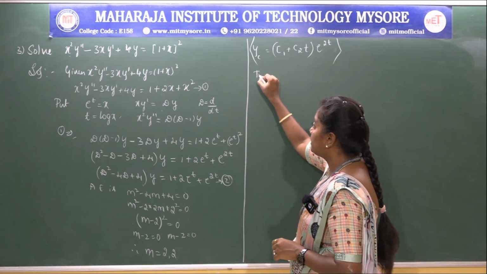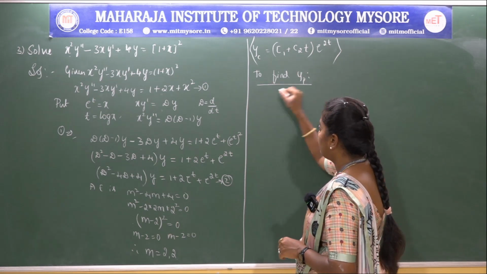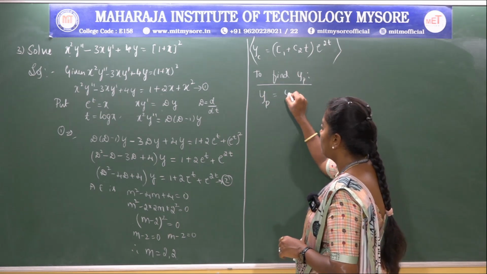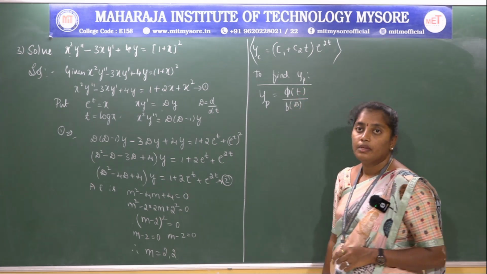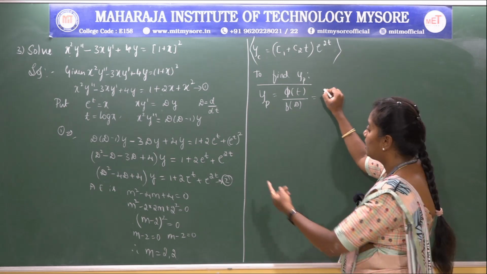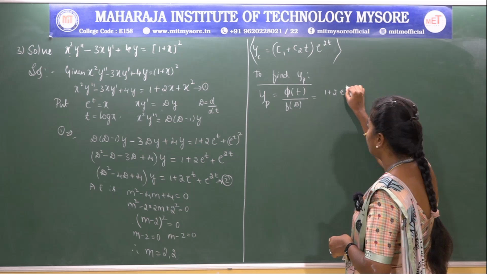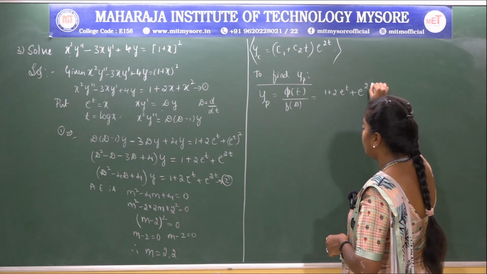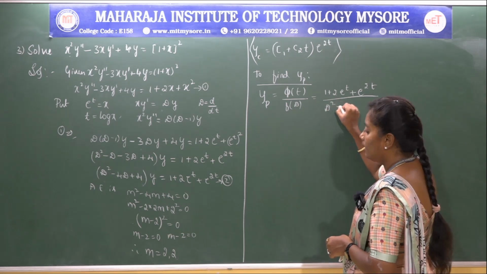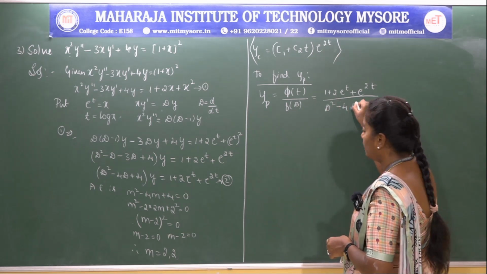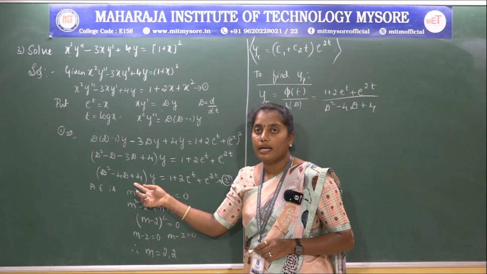Next, to find the particular integral, that is yp, yp is equal to φ(t) divided by f(D). Here the value of φ(t) is 1 + 2e^t + e^(2t), divided by D² − 4D + 4.